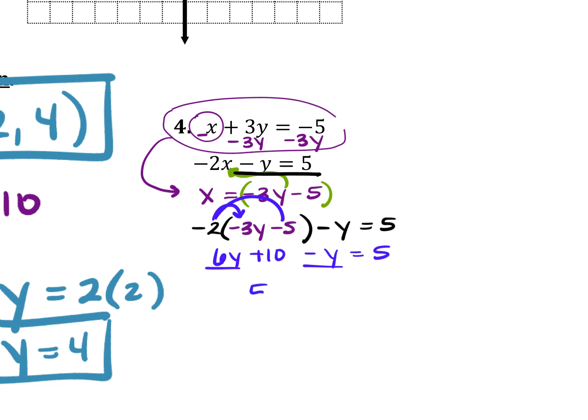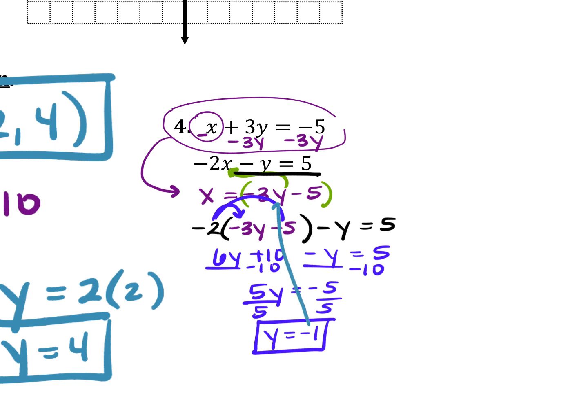6y minus y is 5y. And then I'm going to get that 10 out of there and move it to the other side. 5 minus 10 is negative 5, so 5y equals -5. And then we divide by 5. So y equals negative 1. Okay, once you know what y is, I would say it's easiest to plug that y value into the equation that you turned it into, because that has x by itself, but you can really plug it into any of these.